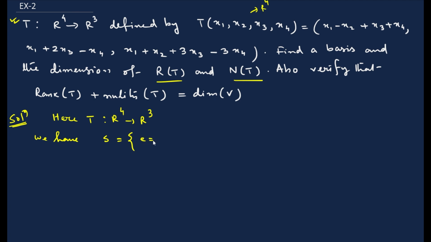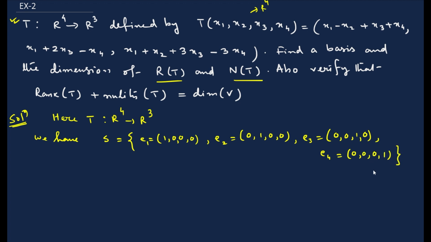Suppose E1 is (1, 0, 0, 0). Then E2 will be (0, 1, 0, 0). E3 will be (0, 0, 1, 0), and the final E4 is (0, 0, 0, 1).